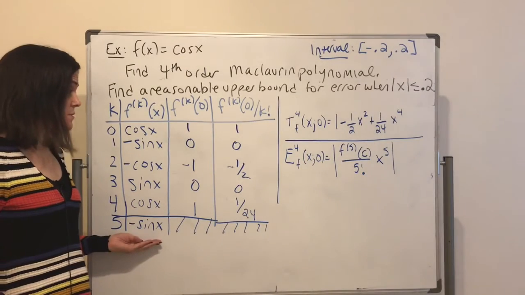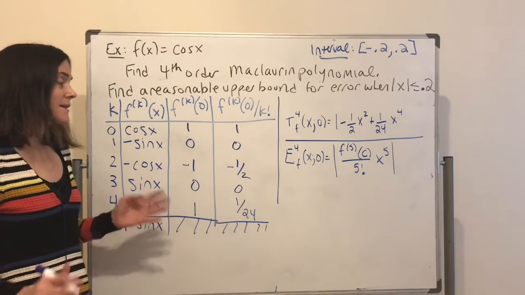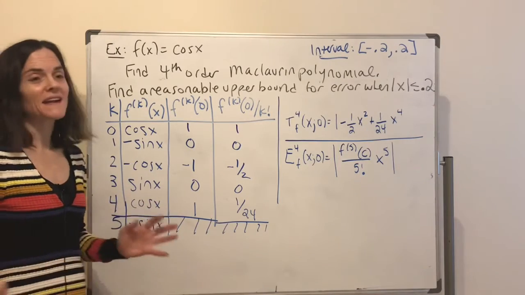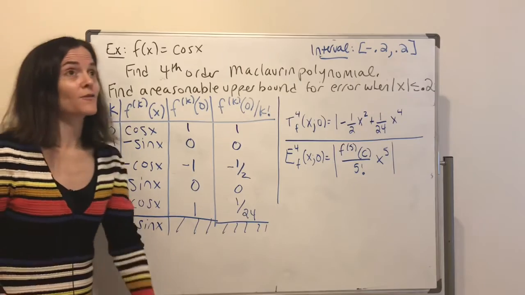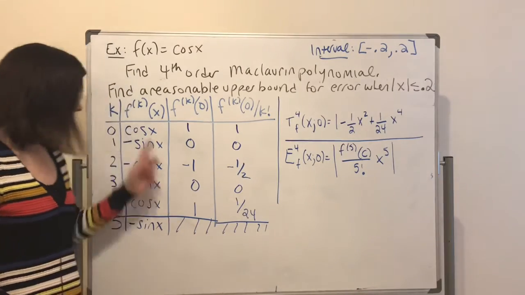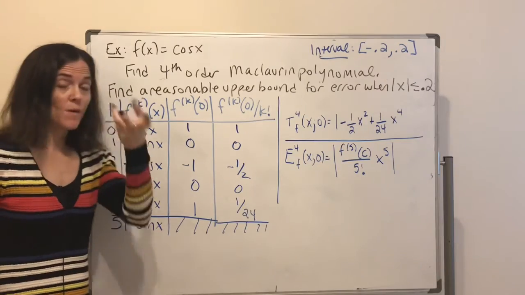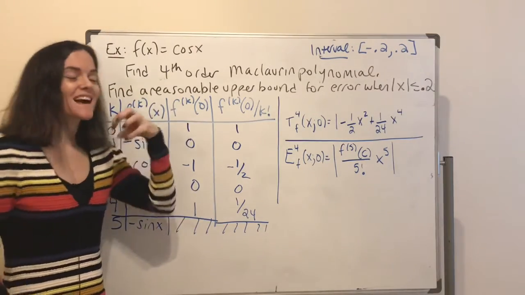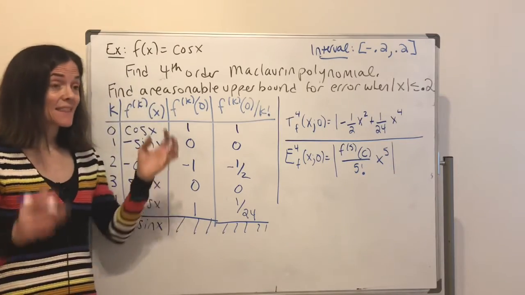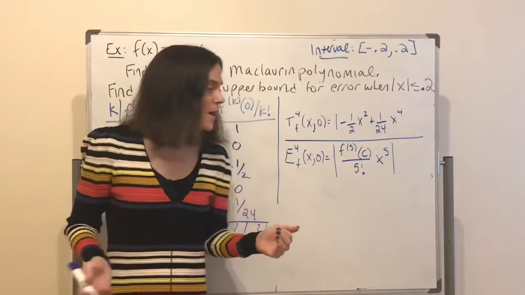Well, you see we have the 5th derivative. It's negative sine. This is a very nice one to work with. It doesn't matter if it was the 10th derivative or 152nd derivative for the cosine, or if I had sine, because I am going between plus or minus cosine, plus or minus sine, and these all live between -1 and 1.